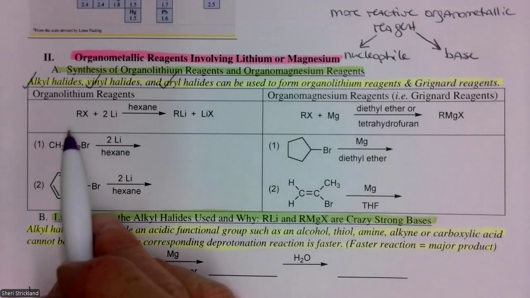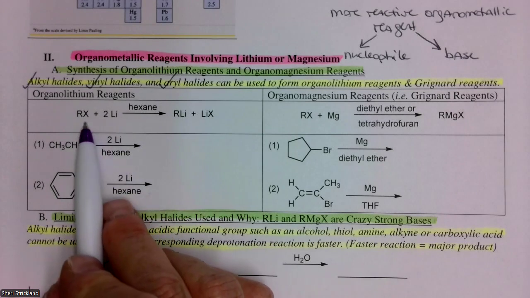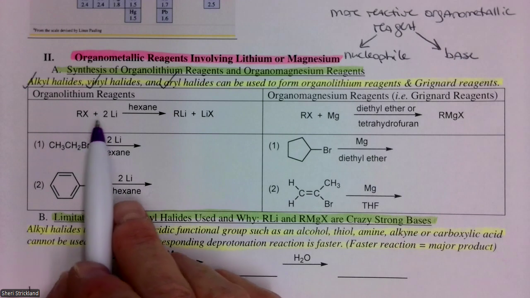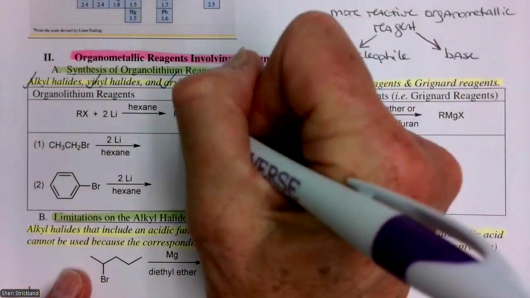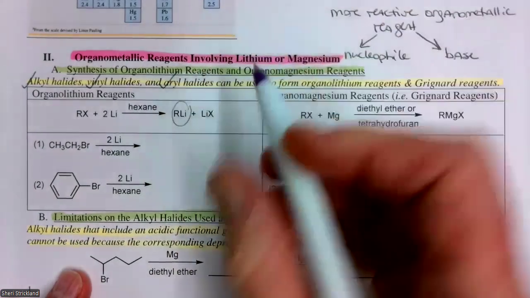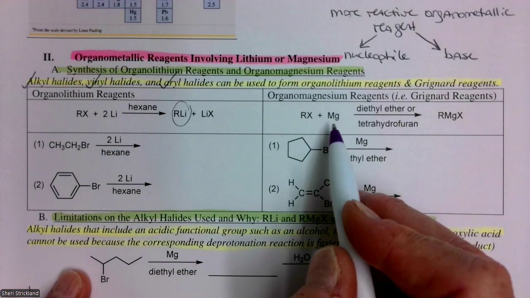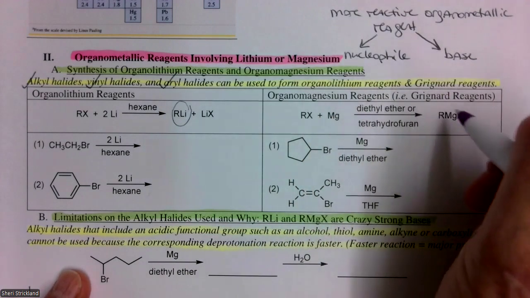So, for example, here, this is the general reaction pattern involving lithium and an alkyl halide. And so you can see you need two equivalents of the lithium, and it forms two products. This is the one that we're primarily interested in, and this is just a side product. And over here with the magnesium, one equivalent, and there is no second product.